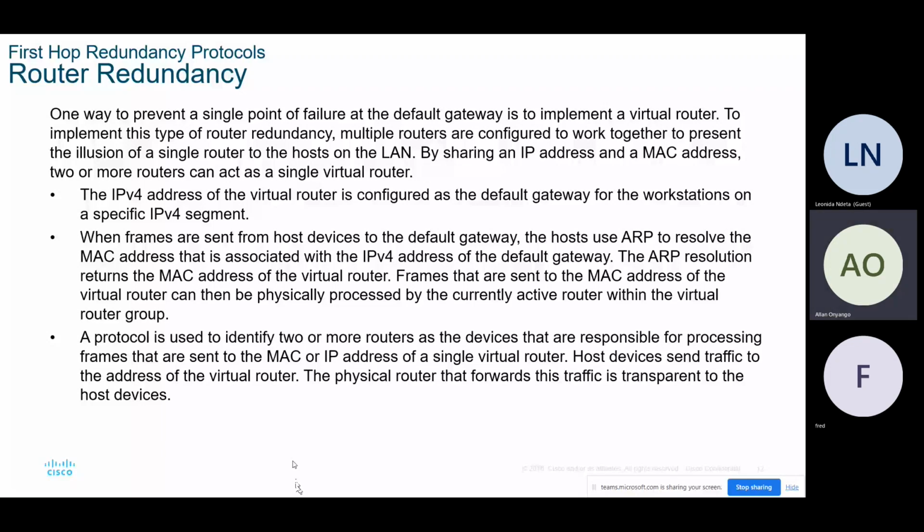They share a certain IP address and a certain MAC address, and we call it a virtual router, so that at any one point, only one of the routers can be used to access the internet.